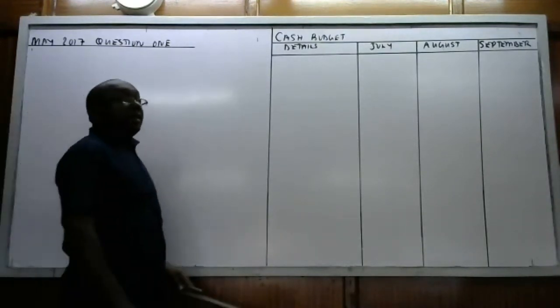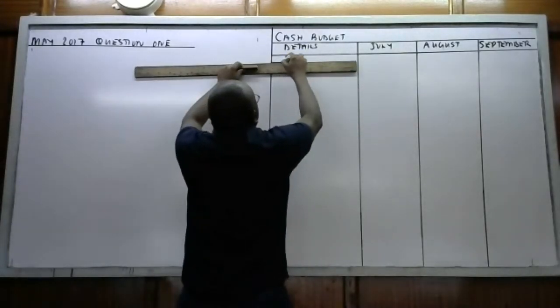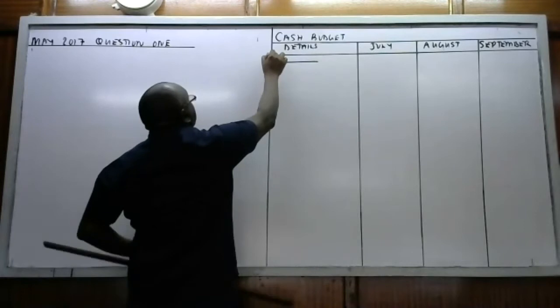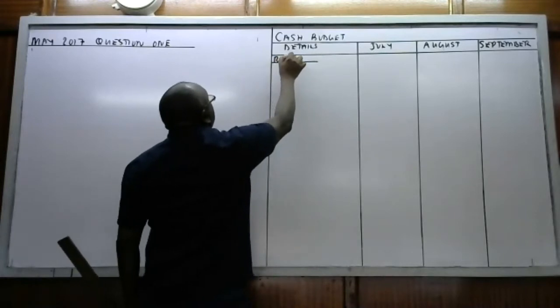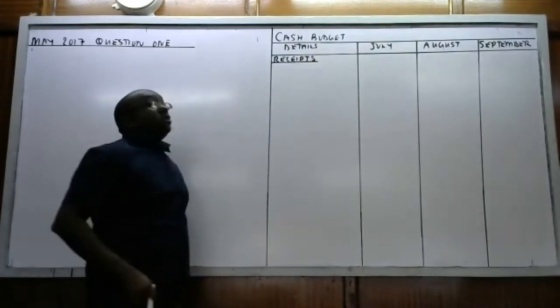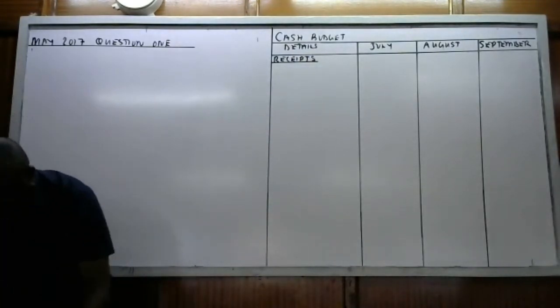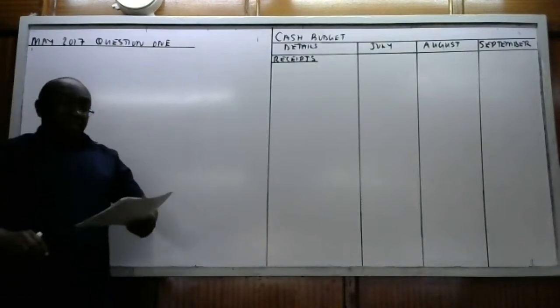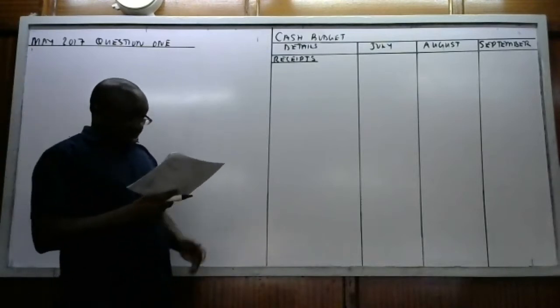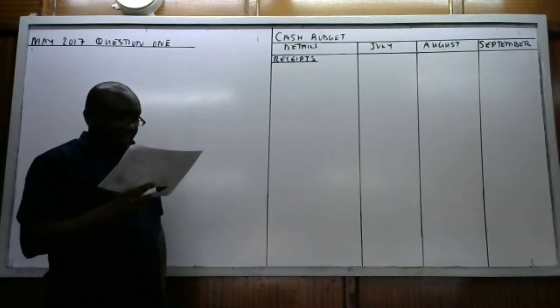As I told you the other day, we always begin by bringing the items of receipts here. The receipts. So we look at the question and get to know where money is coming in from. You can see tax on manufactured single product, branded PS.